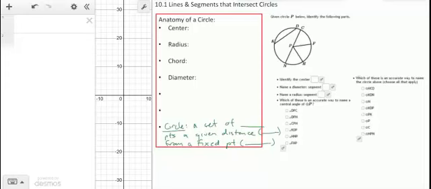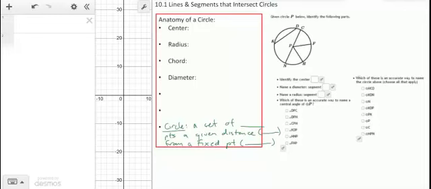All right, so notice I have a couple spaces that I left here to fill this in. If you just have the words that are written here, the set of all points that are a given distance from a fixed point, this is not the actual definition of circle. It's the definition of sphere. And it doesn't limit it to a two-dimensional or a flat surface.